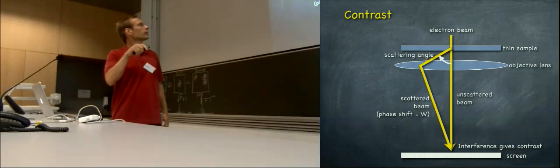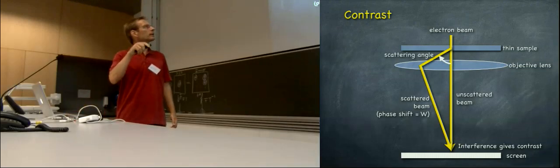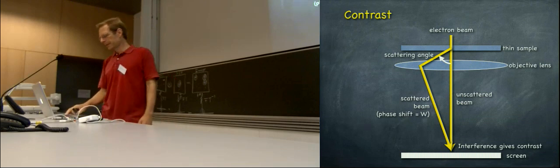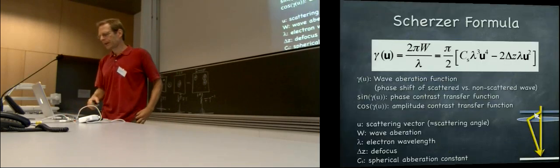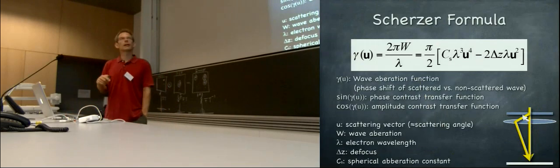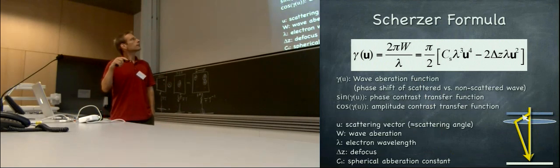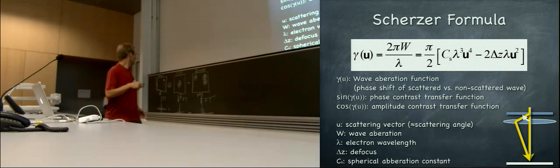So now the question is, how much phase shift do we have here with a scattered electron beam? And this is what Otto Scherzer calculated. This gamma function describes how the scattered beam comes later than the non-scattered beam. It's the phase shift, and it's dependent on the resolution. U is the resolution axis, the horizontal axis.